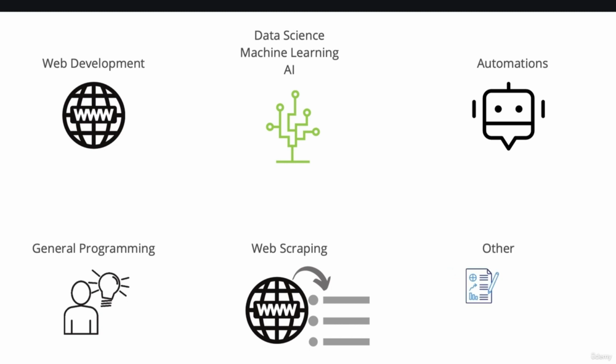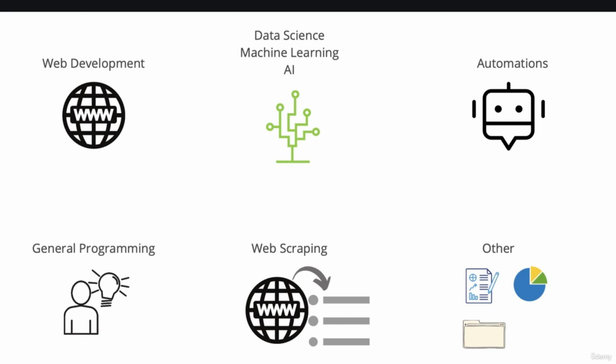And you also have other fields you can use Python for, for example, data analysis, if you are a data analyst, and visualization as well. And you can create Python desktop apps using the Python programming language.